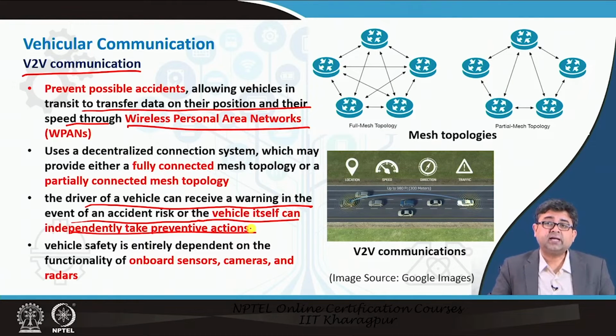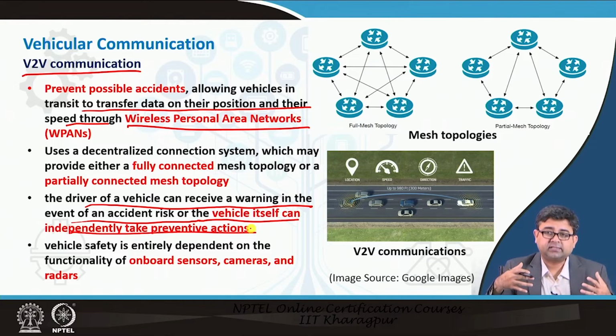So, you may see that modern cars are coming with automated braking systems, right. What it says is that if your vehicle gets too close to the vehicle in front of you, or if the vehicle in front of you suddenly brakes and is getting too close to you, your vehicle automatically acts. You don't have to put your foot on the brake, but the vehicle automatically brakes.